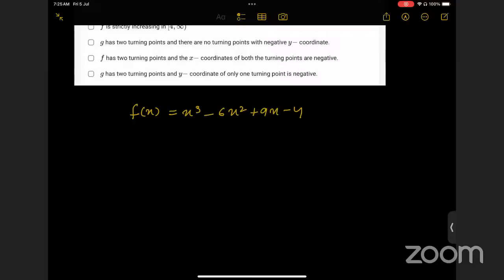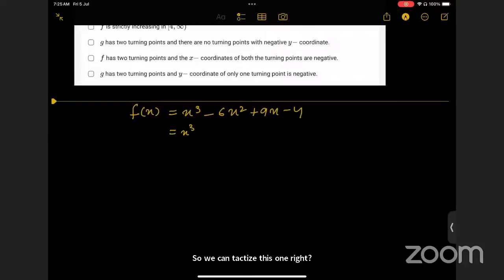So we can factorize this one, right? We can write it as x cubed minus x squared minus 5x squared plus 5x plus 4x minus 4.